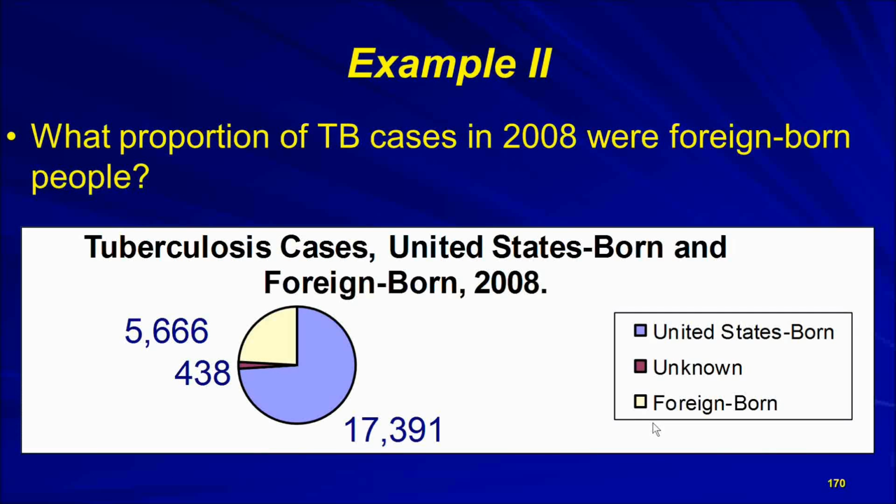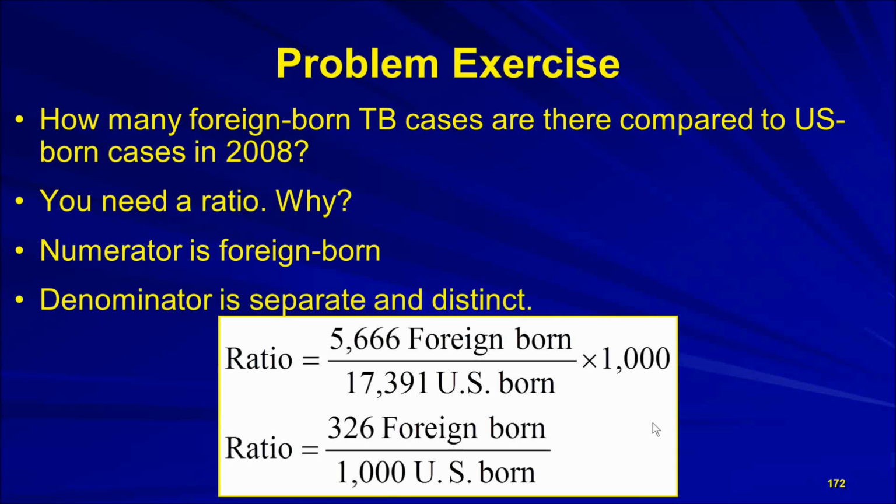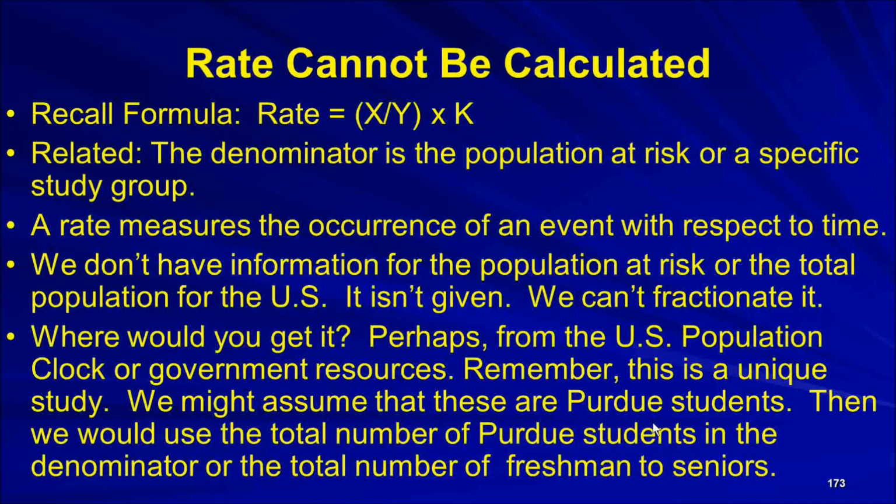If we were looking at U.S.-born 17,391, we would have to divide that by the total population, which would be 315 million plus. So that information isn't given to us in the problem, although we could get it very quickly through the population clock or other government resources.